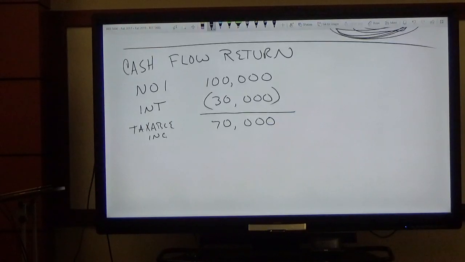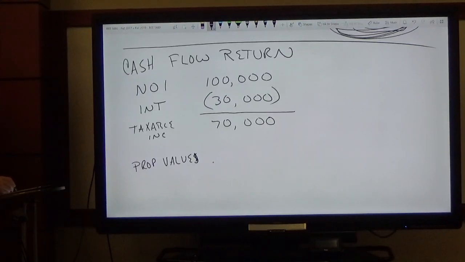And if we're looking at this on a before-tax basis, all right, let's say that we've got a property that is valued at, let's say, $1 million.